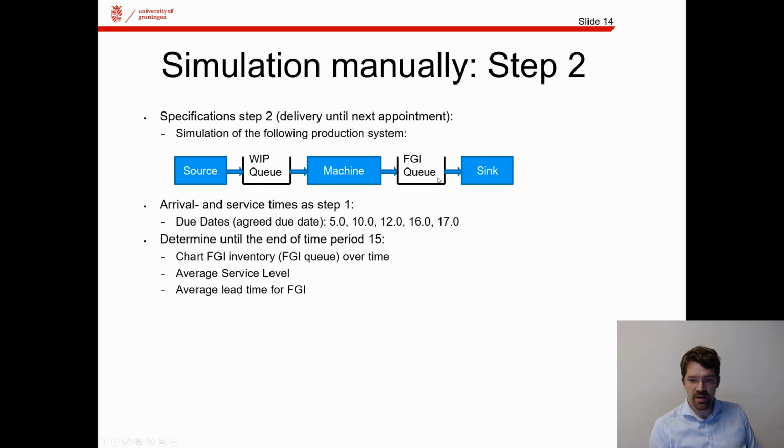So we are interested in the items which are meeting the customer needs in terms of not violating the due dates, divided by all orders which have left the FGI. So this is step 2 of the manual simulation.